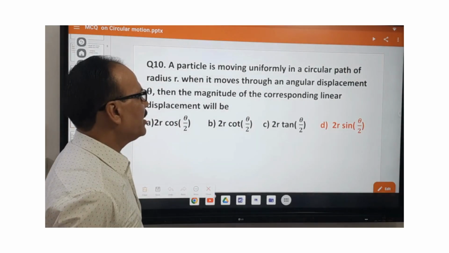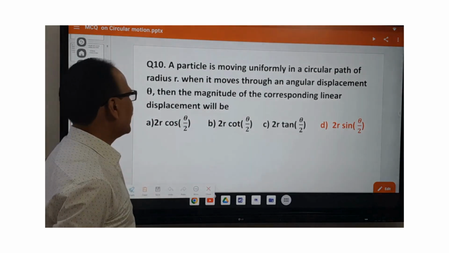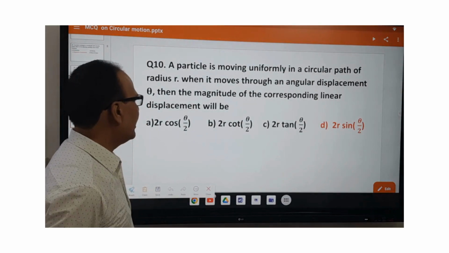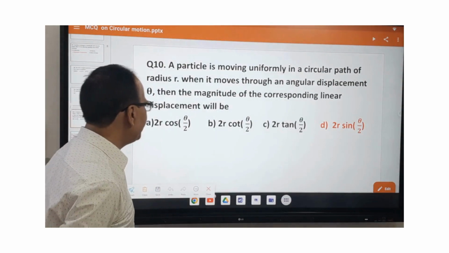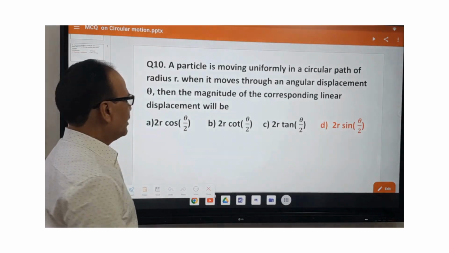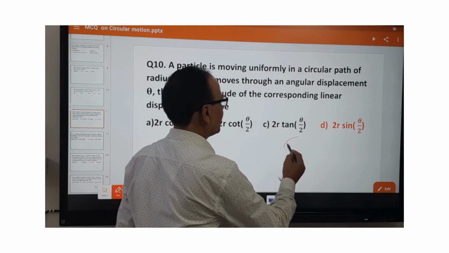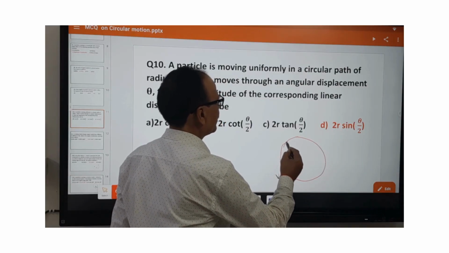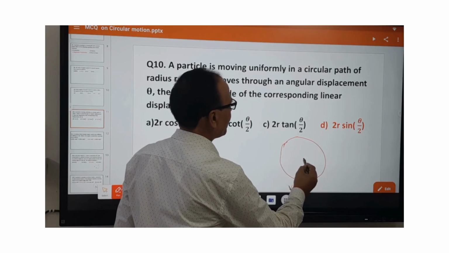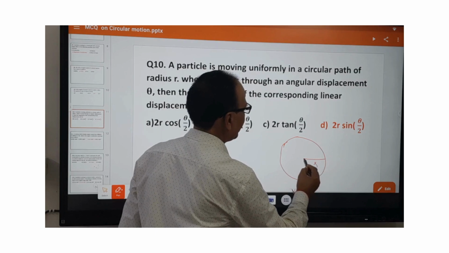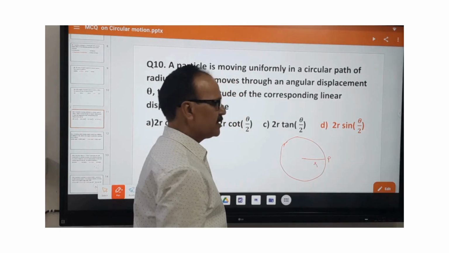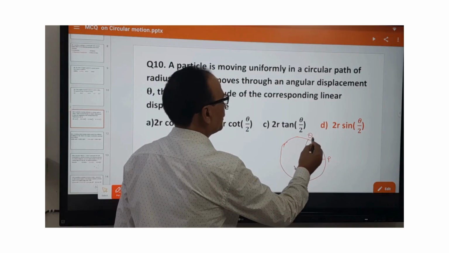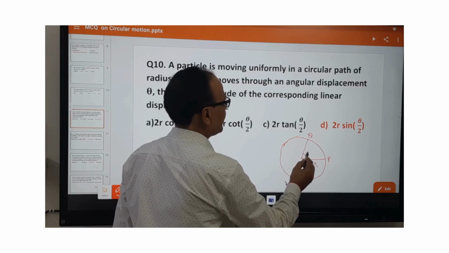Next question, question number 10. A particle is moving uniformly in a circular path of radius r. When it moves through an angular displacement theta, then the magnitude of the corresponding linear displacement will be. Suppose the particle is moving along the circular path of radius r and it is at point P. When it reaches point Q, it traces out angle theta.